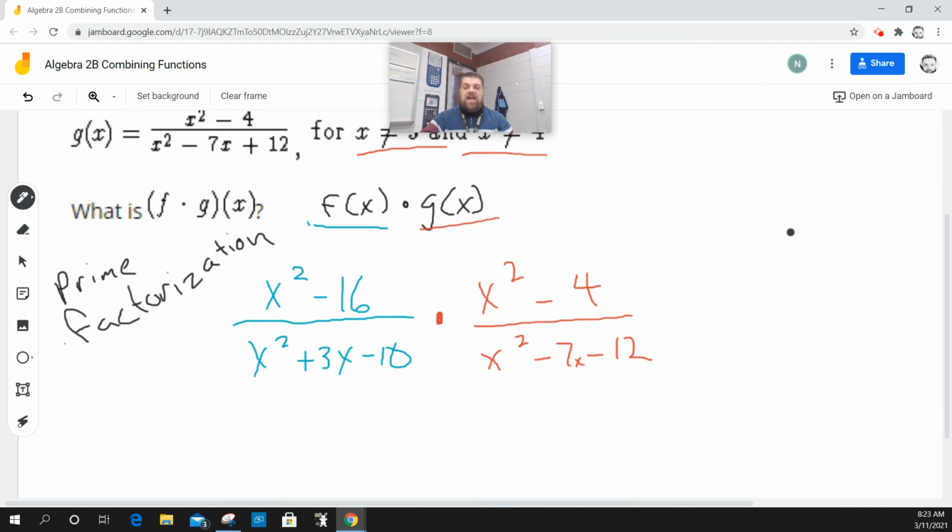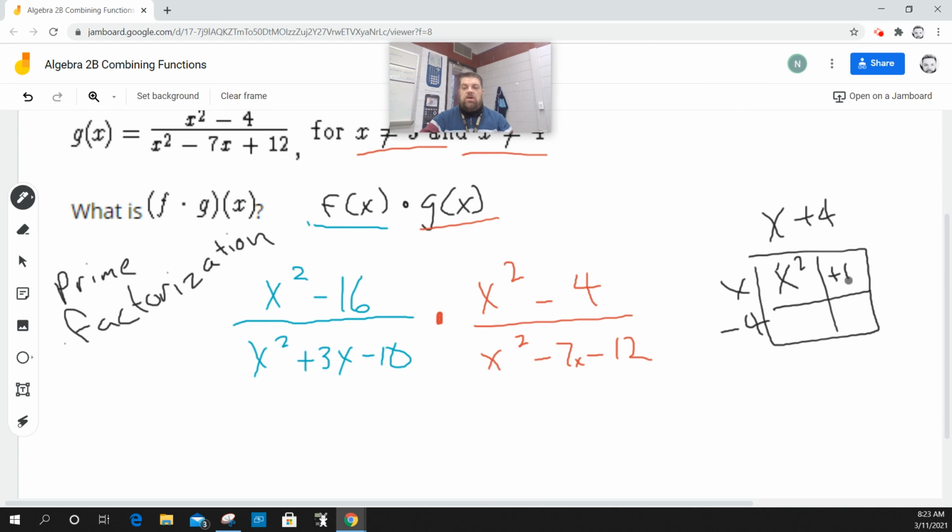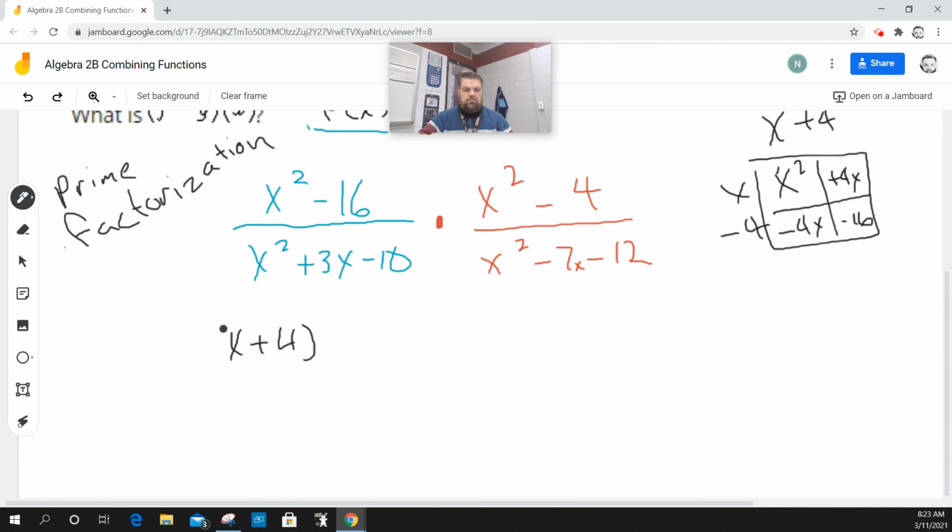So I know that x plus 4 times x minus 4 equals x squared plus 4x minus 4x minus 16. In other words, my numerator, this x squared minus 16, is the same as x plus 4 times the quantity x minus 4.